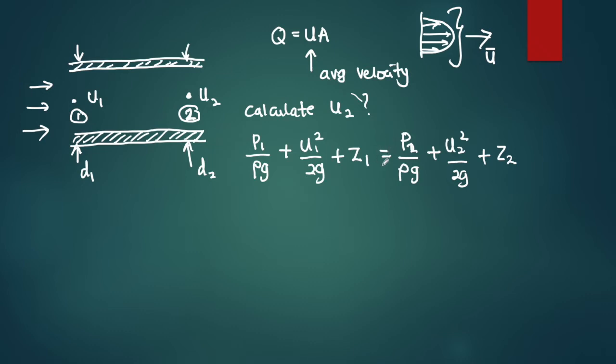That's why this is equal. So that is how we select the points for velocity in a pipe, or the selection of points for Bernoulli's principle in a pipe. For this question, this is easy.